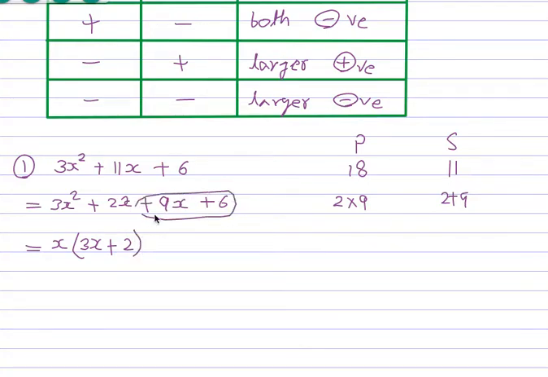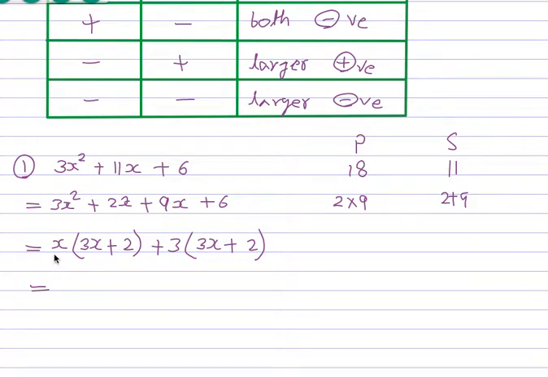From the last 2 terms, what should we take common? Plus 3. So 3 times 3 is 9, and x. 3 times 2 is 6. Make sure the bracket portion is the same. If not, it means you made a mistake.